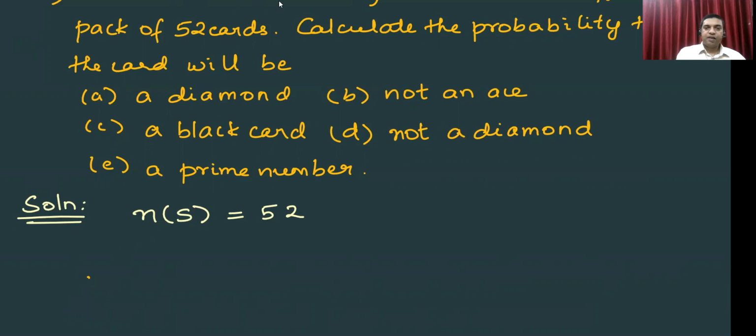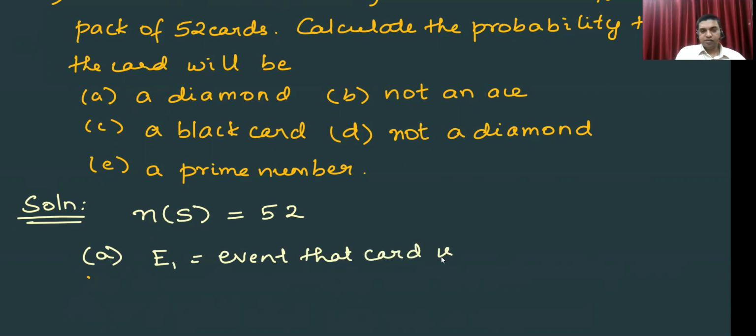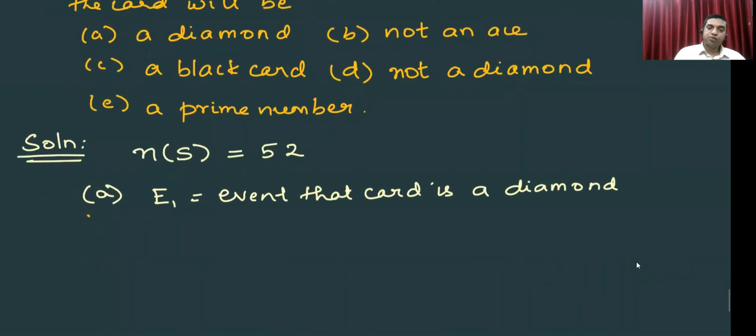Next, the first one. E1 is the event that the card is a diamond. This is one suit out of 4. So what will be n of E1? 13, sir.